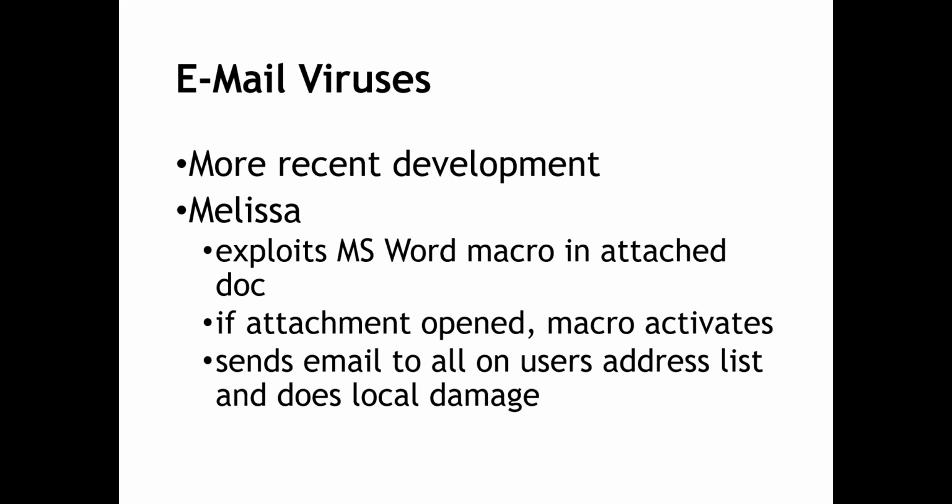So it exploits the MS macros, MS Word macros, and it attaches itself to it. If the attachment is opened, then the macro is now activated, and it will quickly send an email to all users in your address book. And of course, the moment that they open that email, that is it. It keeps multiplying that way.